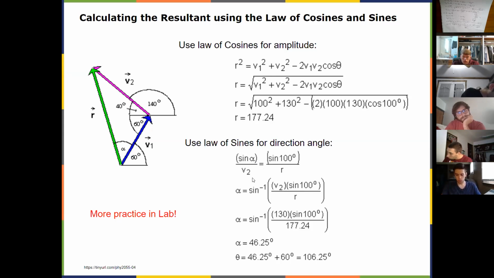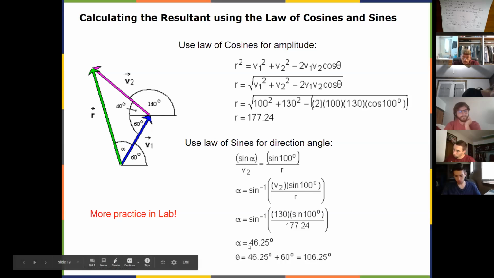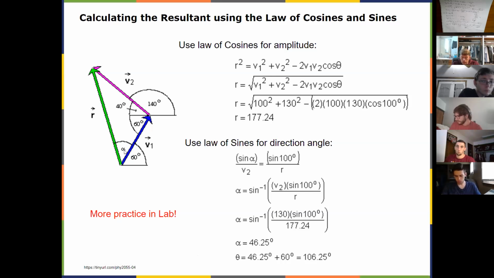So a couple of steps of algebra here, but it's doable, okay? So you can solve for alpha, which gives you 46.25 degrees there. This alpha is 46.25 degrees. All right, then the directional angle for the resultant vector with respect to the horizontal should be this alpha plus the 60.